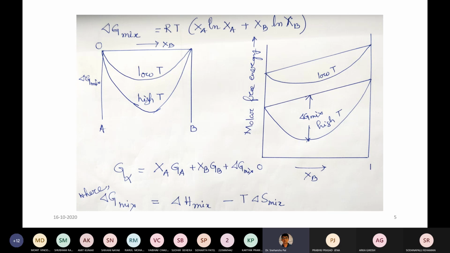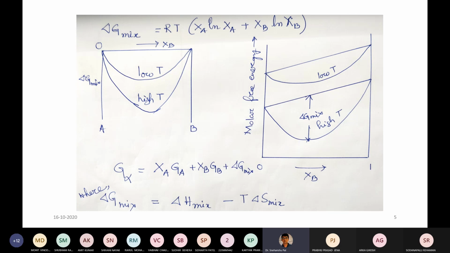Now, the free energy composition diagram that we are seeing in this slide is basically a schematic, not to proper scale, but you can get an understanding or concept seeing the molar free energy. So what is the molar free energy versus composition diagram? What is molar free energy? Free energy per mole of a solution. That is called molar free energy.